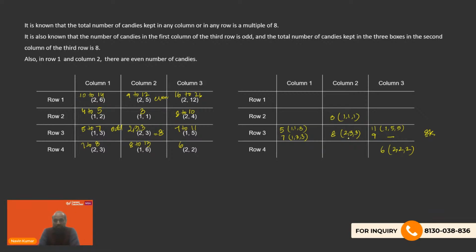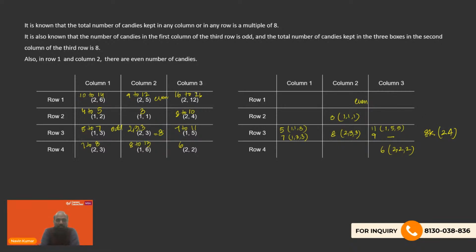So row 3 is complete, and the sum is going to be 16 plus 8, which is going to be 24. So 16 from first column and the third column, and 8 is going to be from the second column. Now, the next particular row or column that we are given more info about is the second column. We know the two values being 8 and 3. We are told that the first row, second column is going to be even.